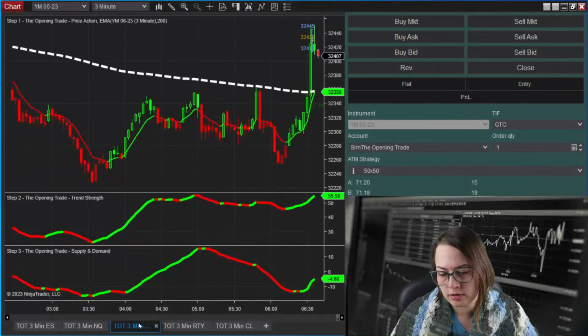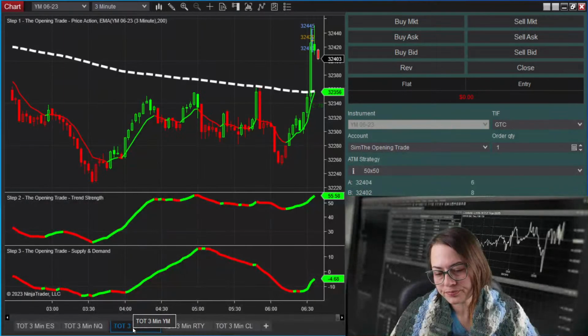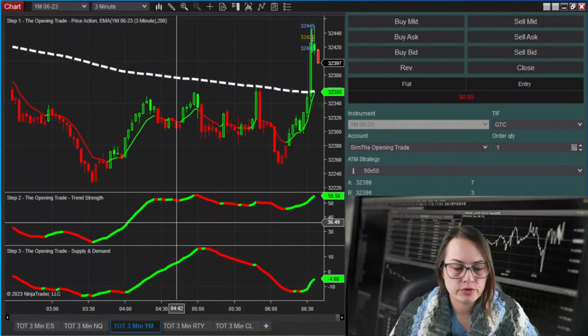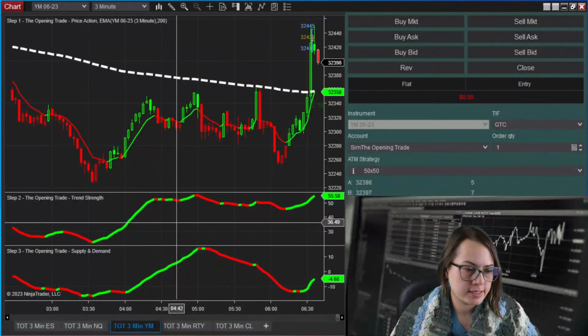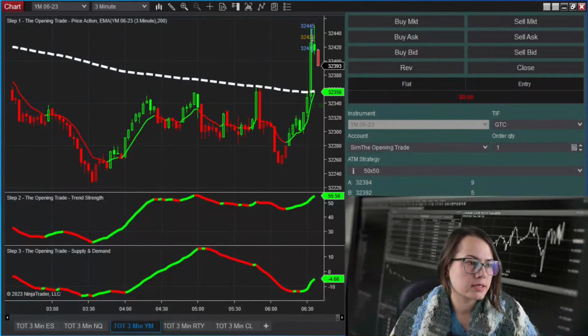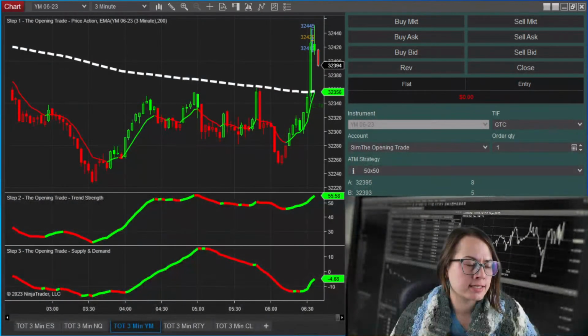Okay, so we did not see an automated trade take place on the Dow Jones futures, which is fine. We still have three other trading systems that could potentially fire off as long as their automated trading indicators are met.